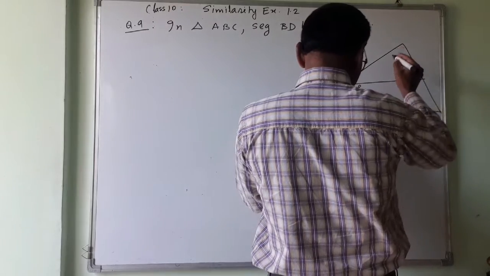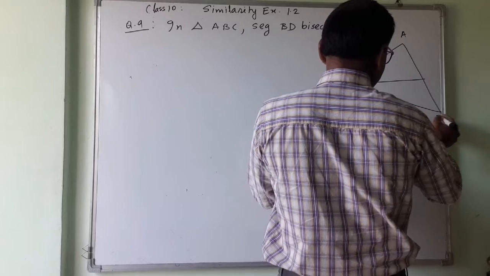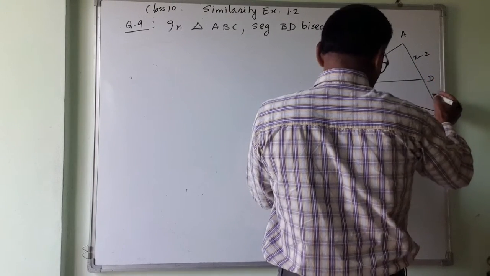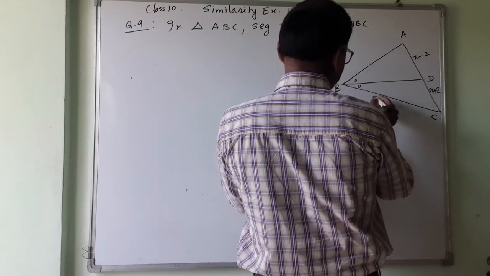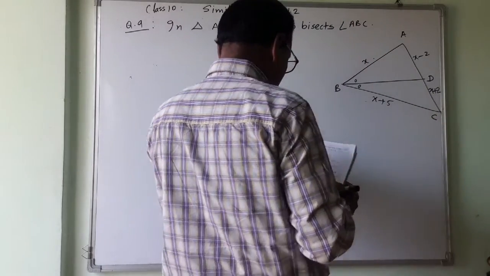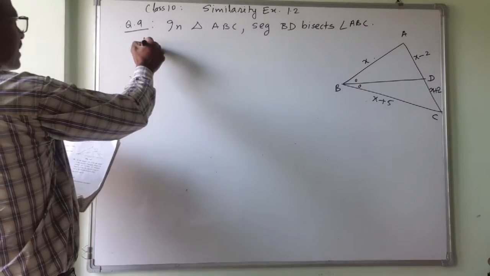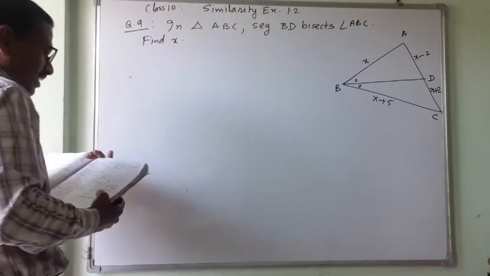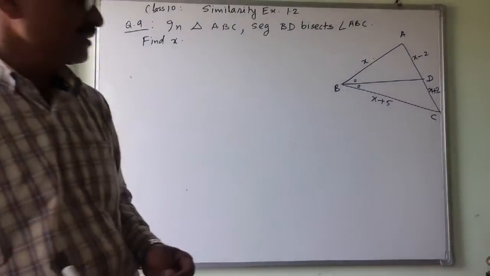This angle is A. This is ABC. This is D point. This is x minus 2. This is x plus 2. This is x plus 5. And this is x. Now the detailed question I will not write. Find x. Find x from the given informations. So now you just think how you can find.